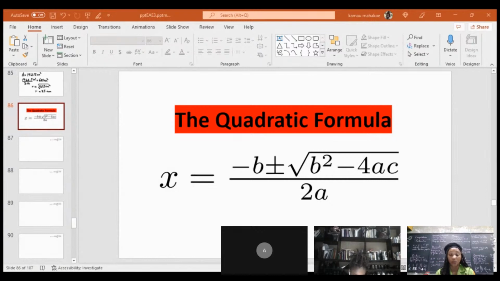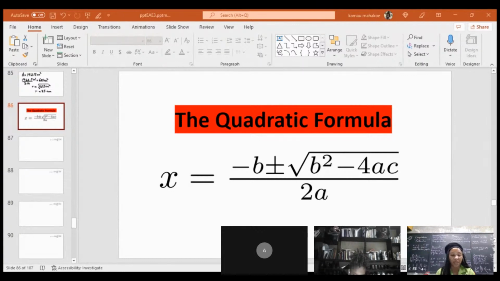Now, what is a, what is b, what is c? Those terms will be determined by the equation itself, the function itself. We're going to put the function in the quadratic format, meaning we should have our x squared term first, followed by the x term, followed by the constant term, equals 0.